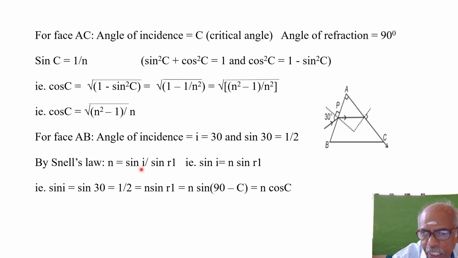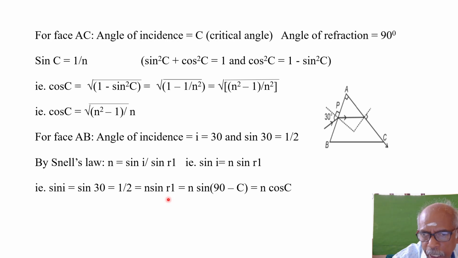So sin i is equal to, you put sin r to the other side, n into sin r1. So sin 30, which is 1 by 2, is equal to n sin r1.